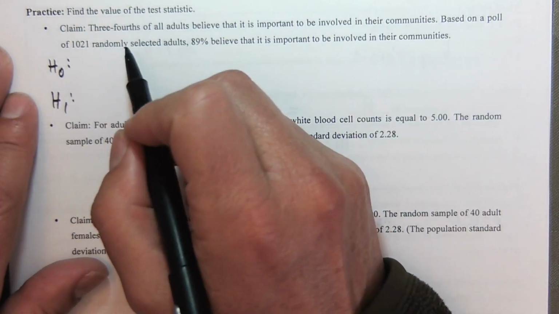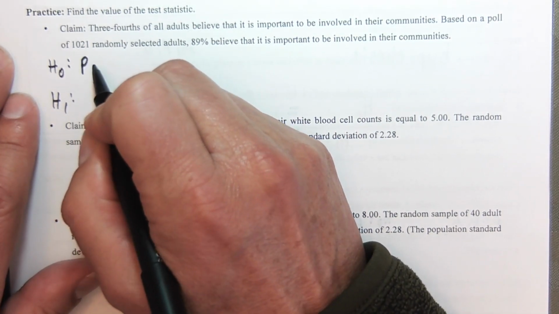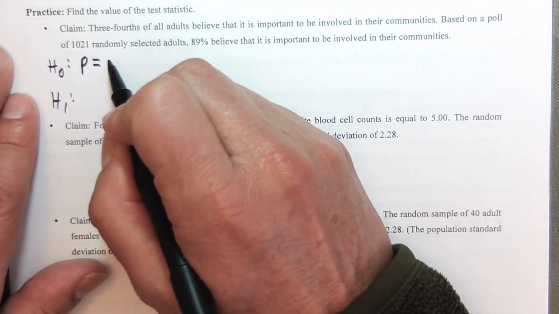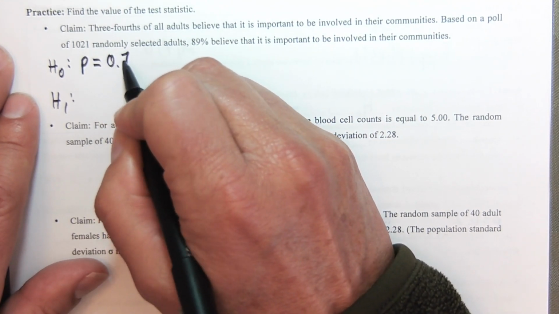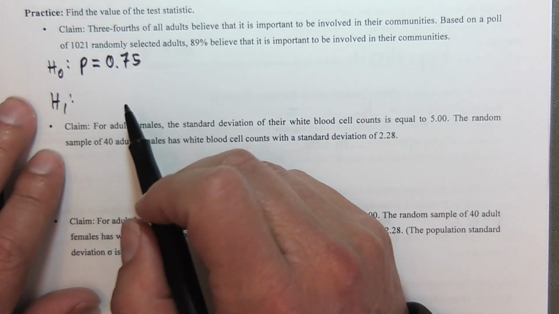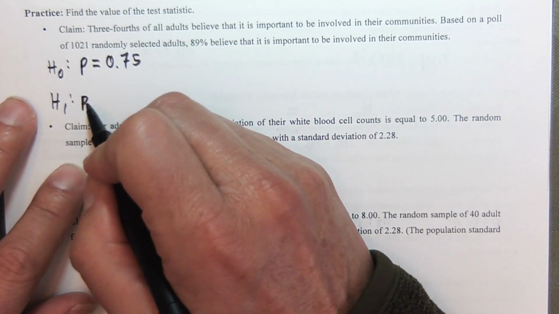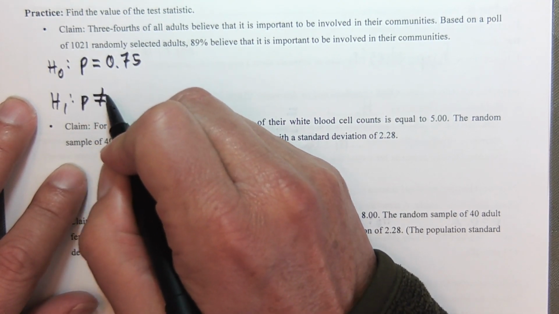This is a proportion because 3/4, and we have percentages in there. So 3/4 is the same as 0.75. And it doesn't say that it's going to be more or less, so this is going to be a not equal to. Unless it specifies, it's going to be a not equal to.